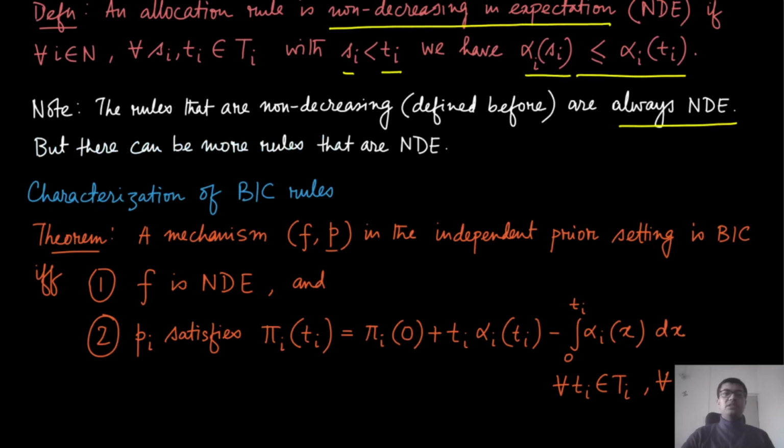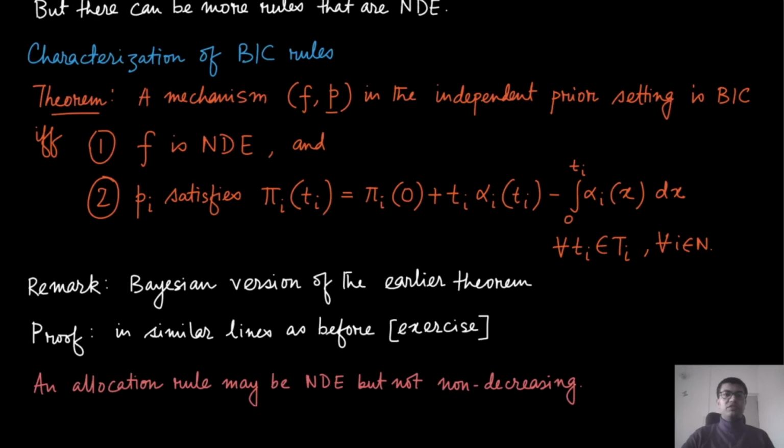So now comes the result for the characterization of these BIC rules, and it is very similar to what we have seen in the context of DSIC rules. So this is similar to Myerson's characterization result. The only difference is that now we are in a Bayesian setting. So we are going to say that a mechanism (f, p) in the independent prior setting is BIC if and only if these two conditions hold.